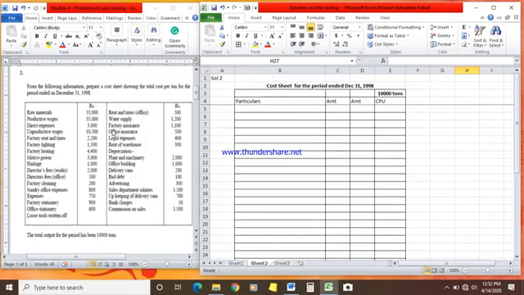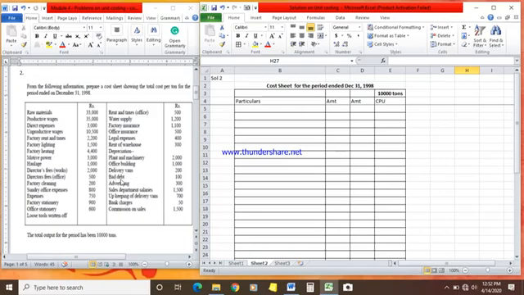Water supply, factory. Factory insurance, factory overheads. Office insurance, office administrative. Legal expense, administrative. Rent of warehouse, selling and distribution. Depreciation, here we are given specifically: plant and machinery, factory overheads. Office building, administrative overheads. Depreciation on delivery vans, selling and distribution.